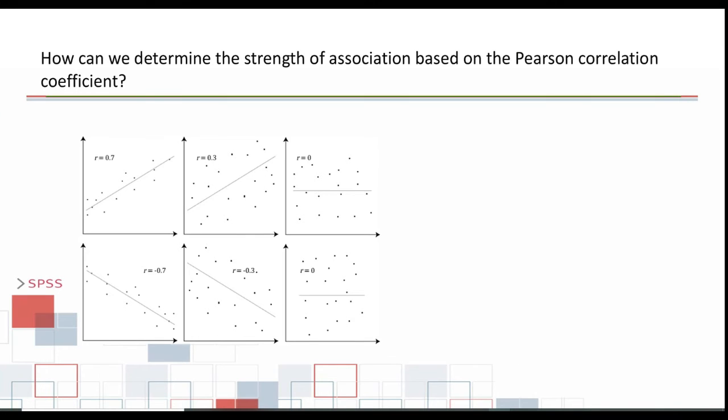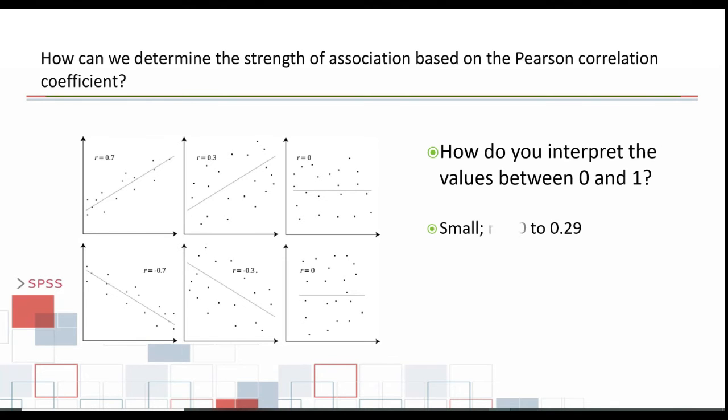How can we determine the strength of association based on the Pearson correlation coefficient? Here is the answer. The Pearson correlation value is between 0 and 1, where 1 is a perfect relationship.